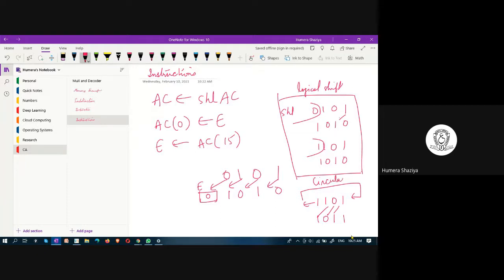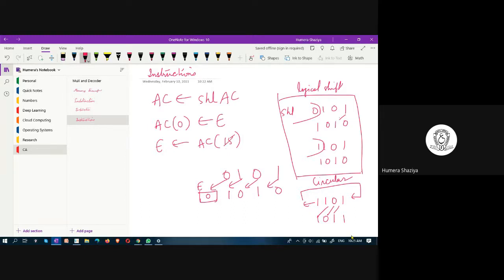So to implement circular shift between AC and E, you are performing these operations. E will get the 15th bit, and AC of 0 will get the E bit. E bit is nothing but AC of 15.